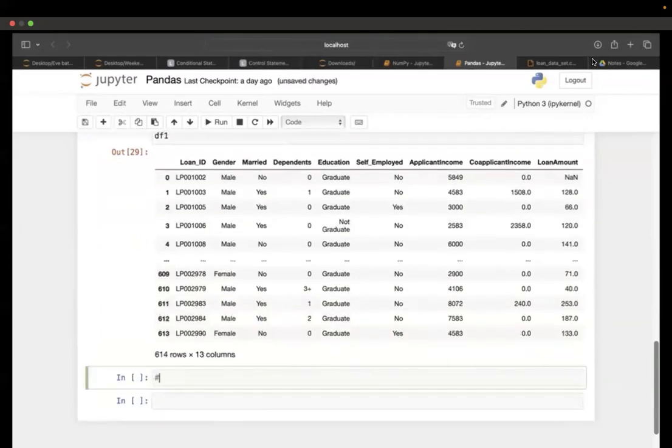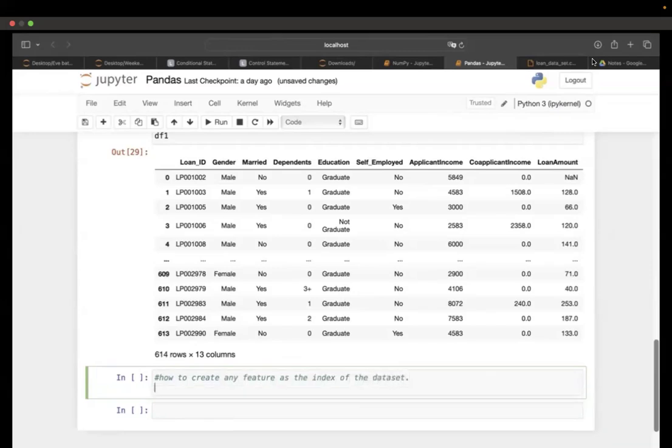So let me write it down: how to create any feature as the index of the data set.